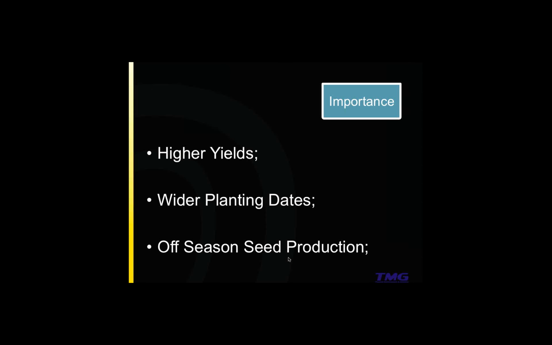And also, one thing that I believe is very important, it was important here in Brazil and may be important to Africa, is that the long juvenile trait allows us to grow soybean for seed production planted in late December, beginning of January.